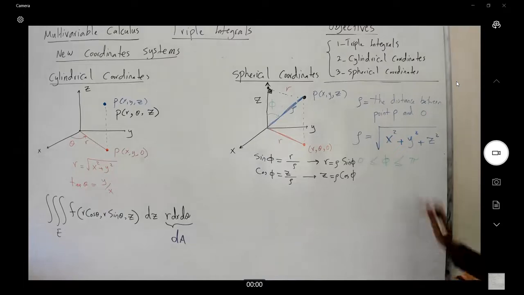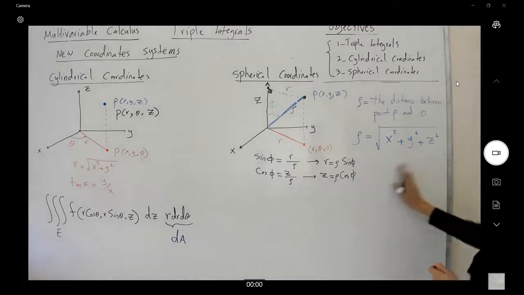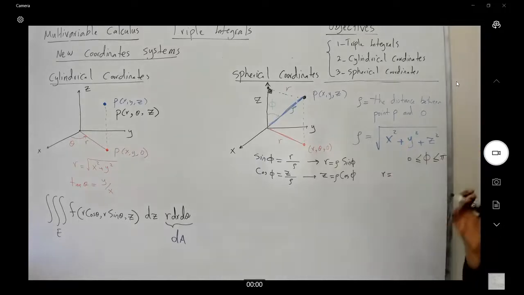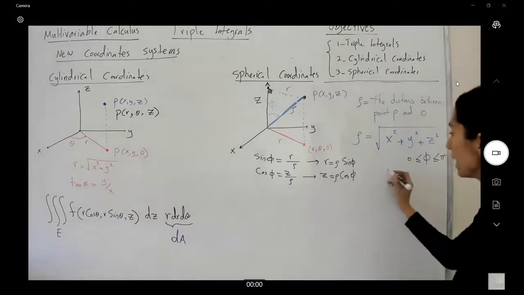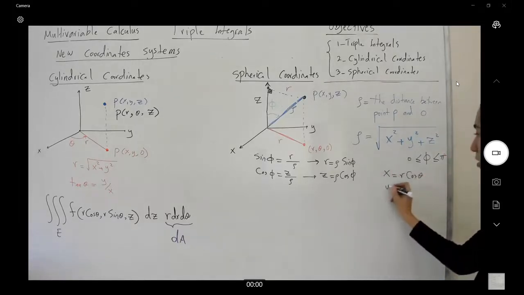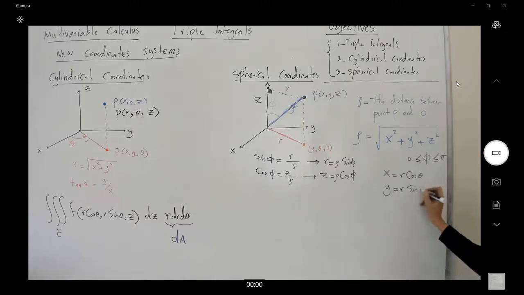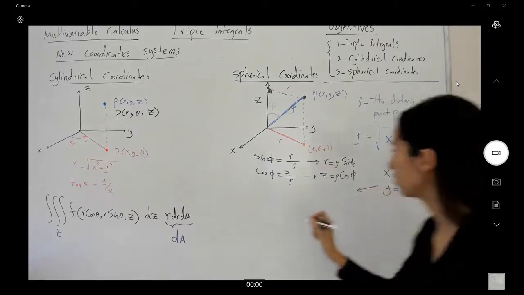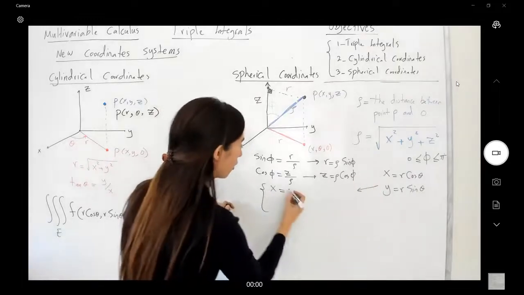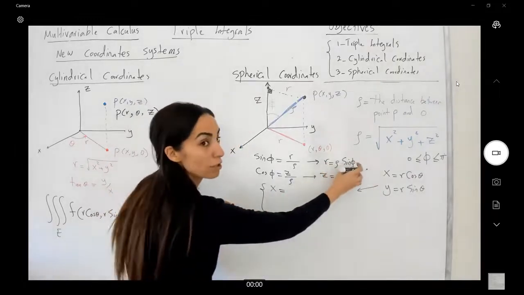And remember that your r was defined as the square root of x squared plus y squared, and theta was inverse tangent of y over x. So x, which was r cosine theta, and y, which was r sine theta, can now be written with r equal to rho sine phi.